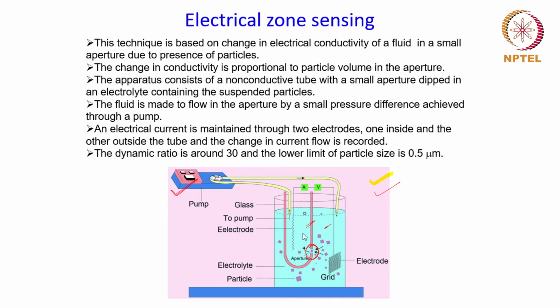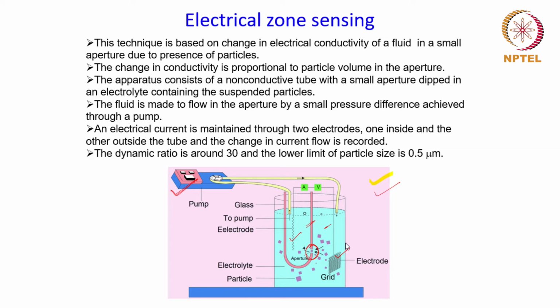In order to maintain the electrical current through the aperture, two electrodes are used. One is inside the tube and the other is outside.